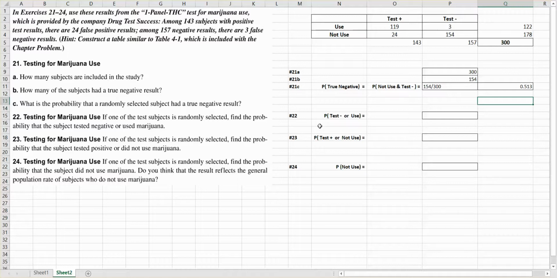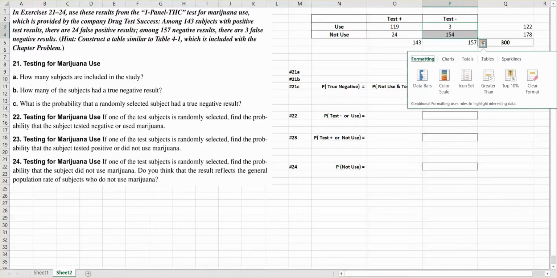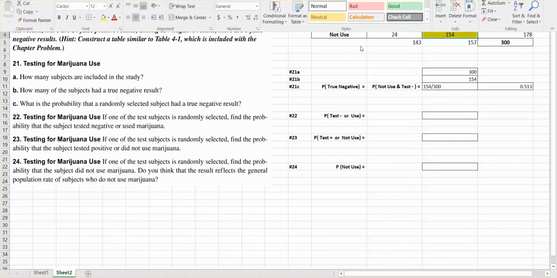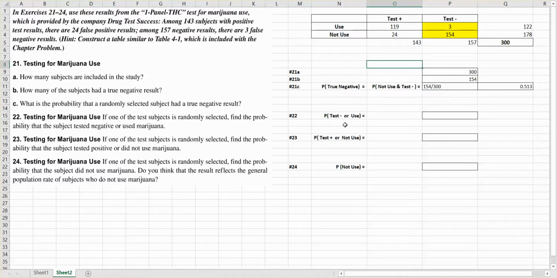Question 22, if we randomly select one subject, they want us to find the probability that that subject either tested negative or they used. And instead of using the formal addition rule, I'm going to approach this one a little bit more intuitively. So if we want those that tested negative, that's those people. If we wanted those that used, that would be those.